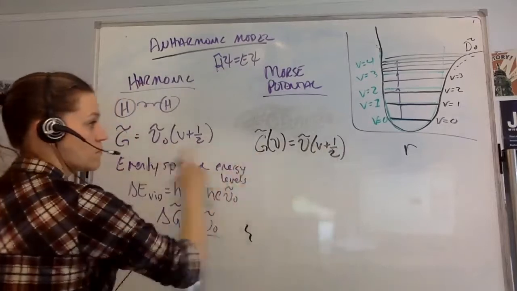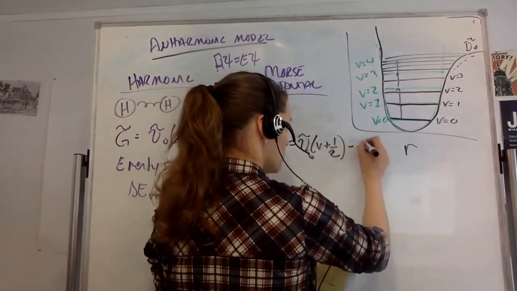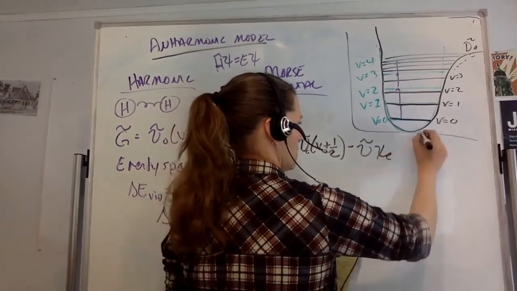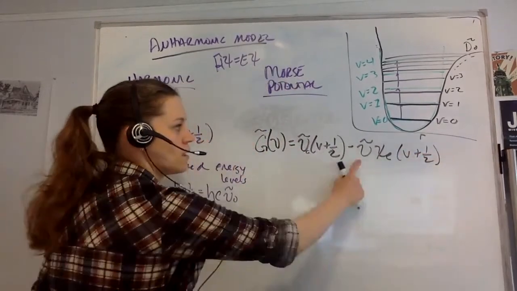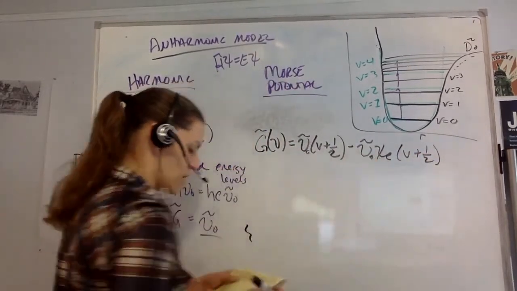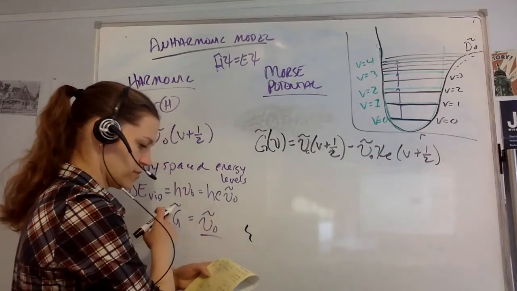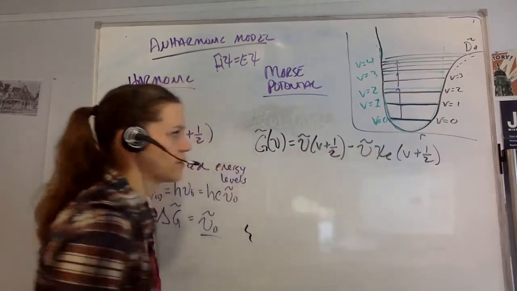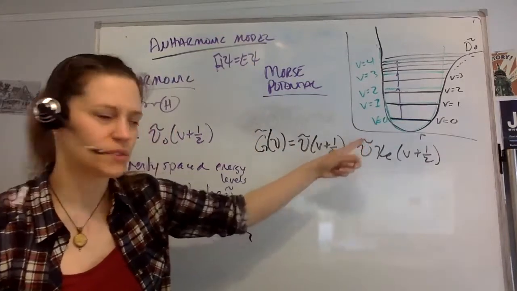So these are the same, minus now the frequency. Actually, I don't know why I have the fundamental frequency here. I don't think it's actually supposed to be here, because the values are going to get smaller. So that fundamental frequency loses its meaning when it comes to anharmonicity.